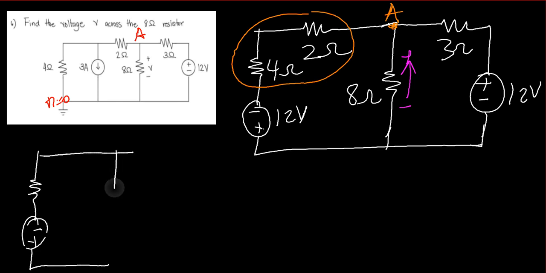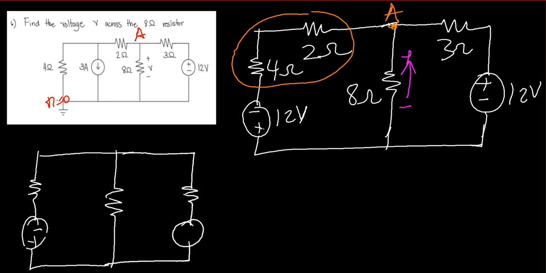I have the load in the middle, and here I have this source, and I have this junction A. Here is 3 ohms, here is 12 volts as well, and there is 4 plus 2, which gives me 6 ohms, and this voltage source is 12 volts, and this load in the middle is 8 ohms.